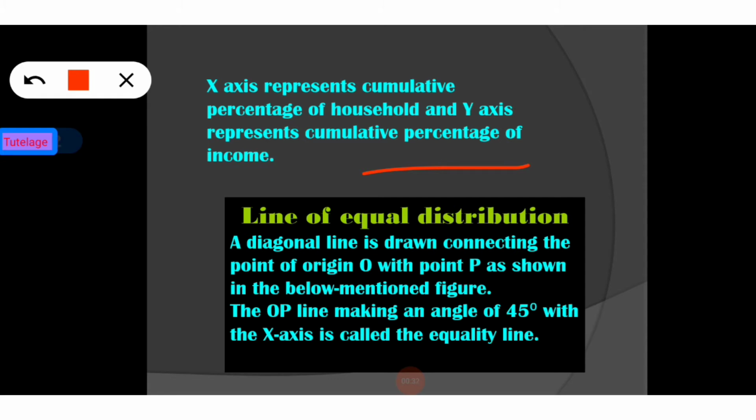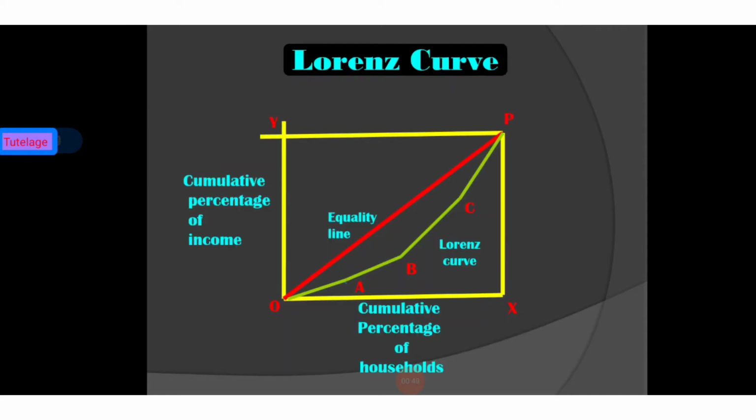The line OP makes an angle of 45 degrees with the x-axis. So the line of equal distribution is clear to everyone. Now move on to the next slide.